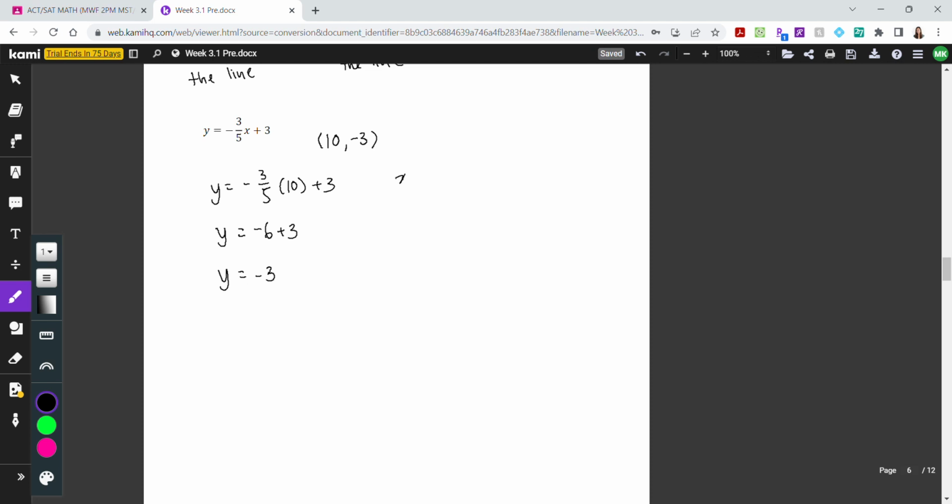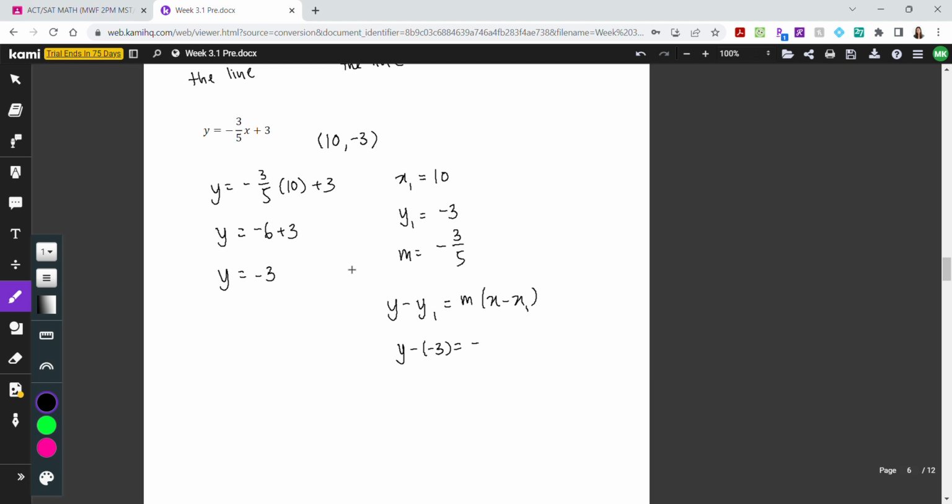And so that means we know that x1 is going to be 10, y1 is going to be negative 3, and my slope is going to be negative 3 over 5. And from there, I would just plug it in into the equation, which is y minus y1 equals m times x minus x1. Just plug it all in.